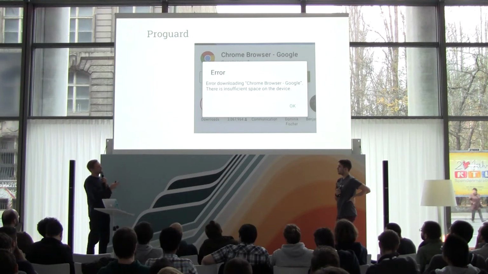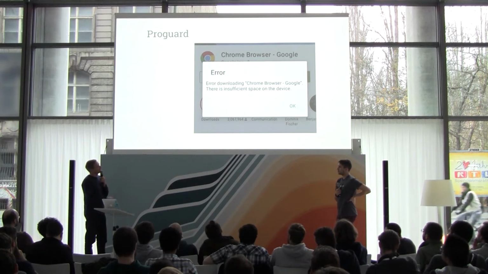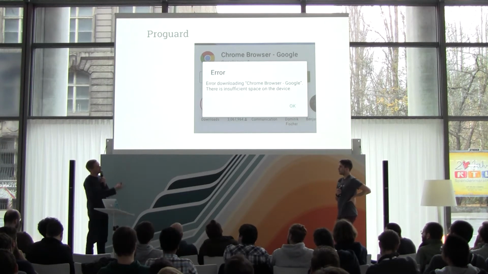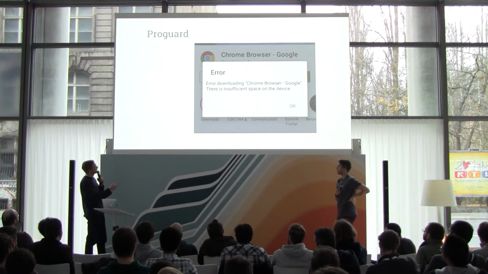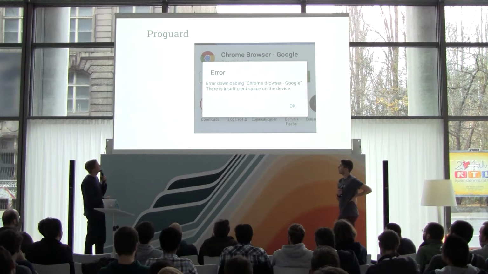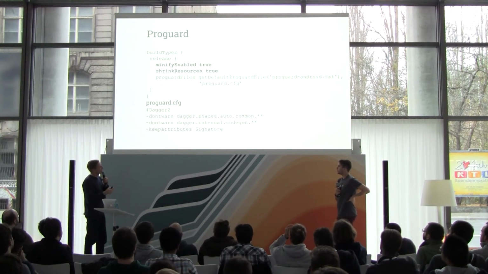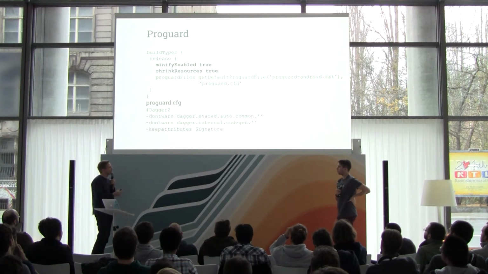We heard that earlier in the talk right before lunch. There were some tips about that, and of course ProGuard is the answer to having all these bloated APKs. It's quite easy to use because it's supported out of the box in the build system.